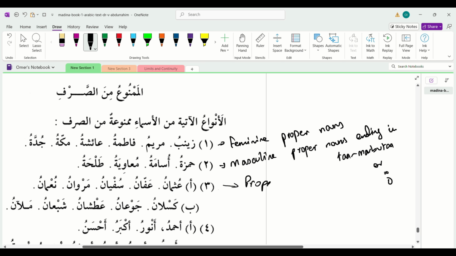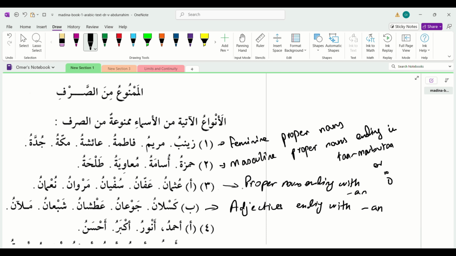Proper nouns ending with an, and adjectives ending with an. عثمان, عفان, Sufyan, Marwan, Na'man.